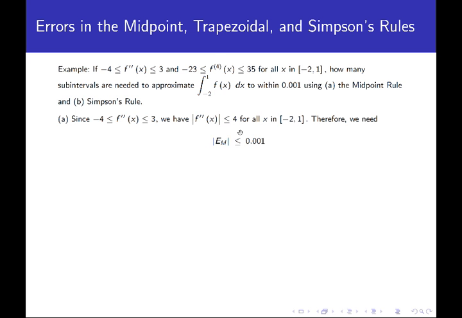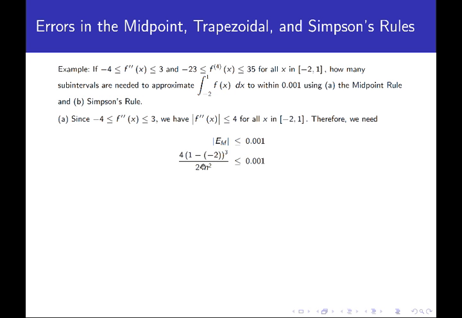Now we just have an equation to solve. Or actually, I'm sorry, we have an inequality to solve. We want the error to be less than or equal to 0.001. Well, if we use the bound on the error and make sure it's less than 0.001, then the error will be less than 0.001. 4 is our k value. 3 is the length of our interval.